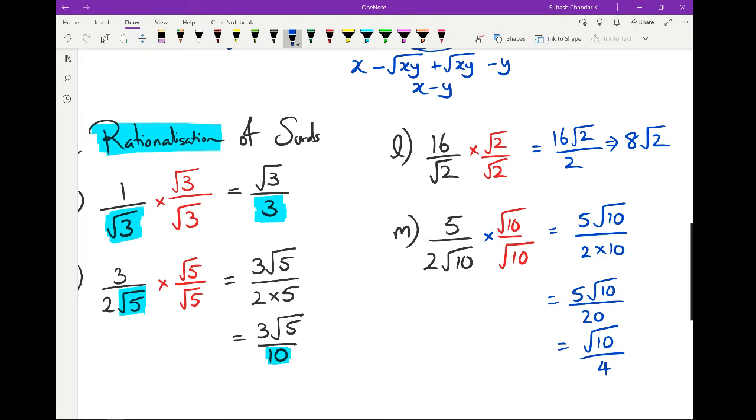So guys, if we're okay with this, I can go to the last part of today's session, which is probably the most important one, which is working with the conjugate of these things. Conjugate surds, that's the word I was looking for. Cool.